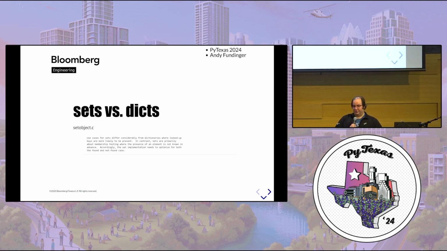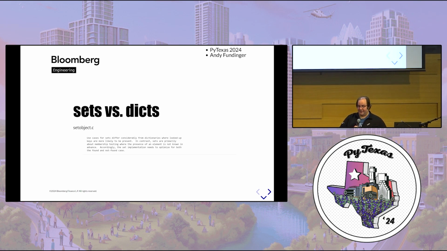There is separate code for sets at this point. And there's this helpful comment that tells us what to expect. It says, use cases for sets differ considerably from dictionaries, where looked up keys are more likely to be present because you're probably going through an object asking for something that ought to be there.